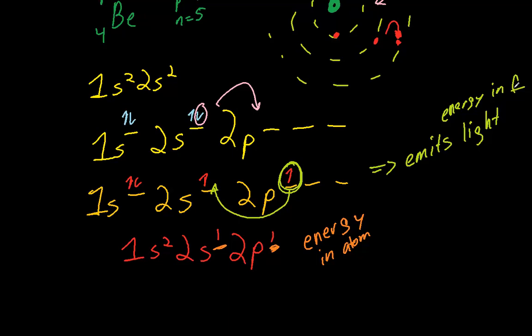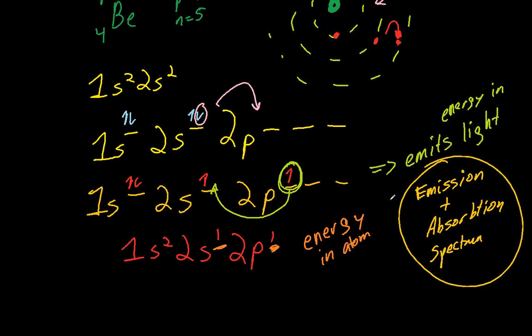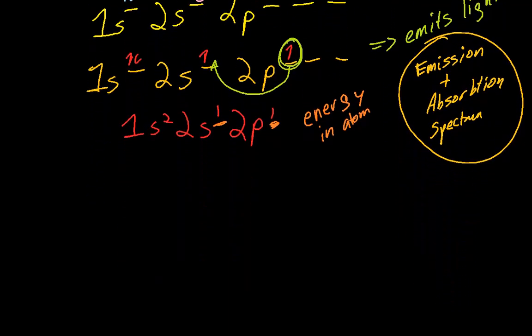This leads us to discussions on the different types of emission and absorption spectra, which we'll talk about in a future episode, which are quite interesting to know and can be tested on the MCAT for sure. That's going to be a different video. We're just talking about special cases of electron configurations here. So keep in mind that those electrons can get excited.